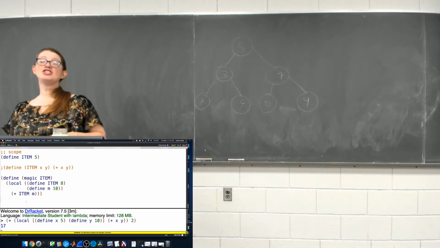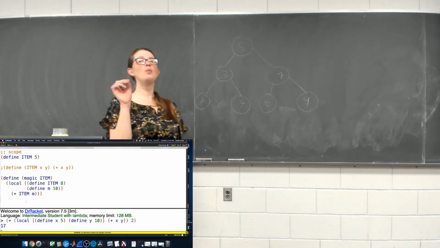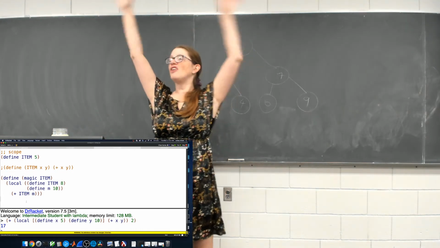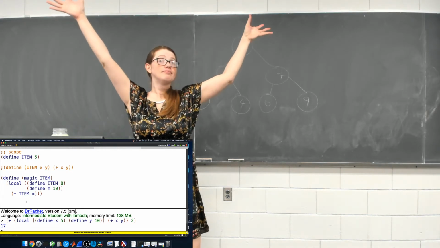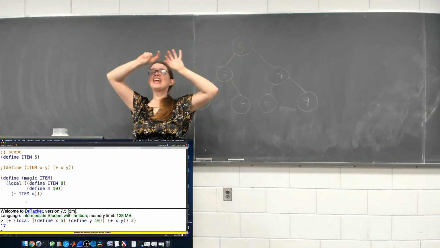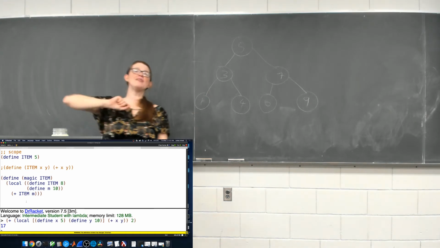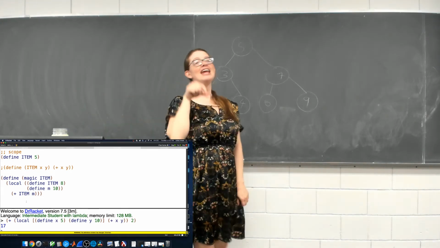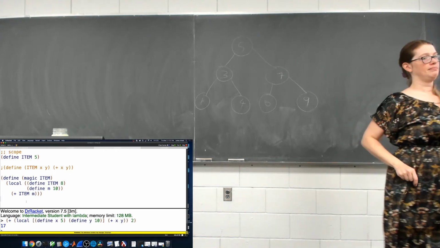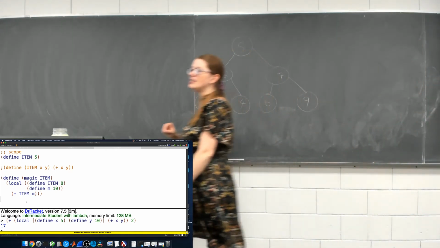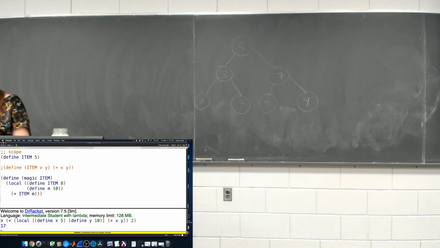Item and magic are both defined at the top level. Global scope. You cannot have multiple definitions in the same scope for the same name. So I cannot redefine item in this scope.